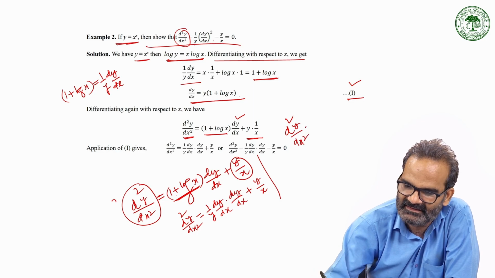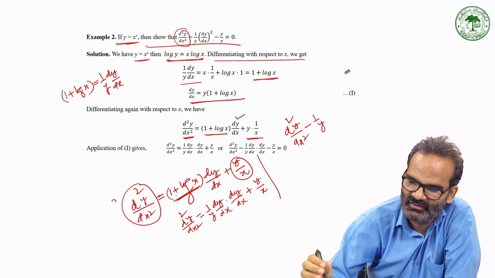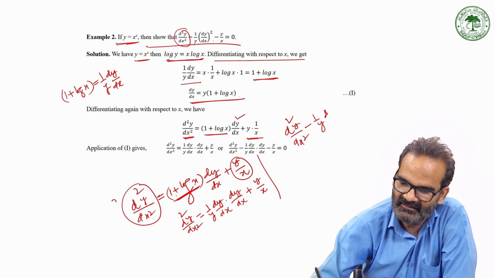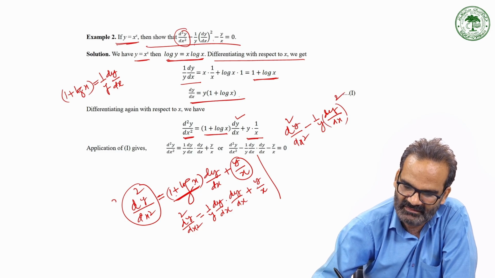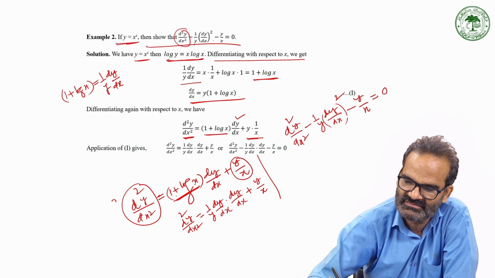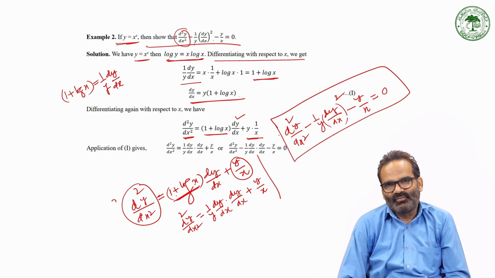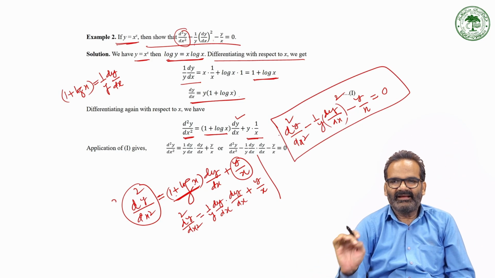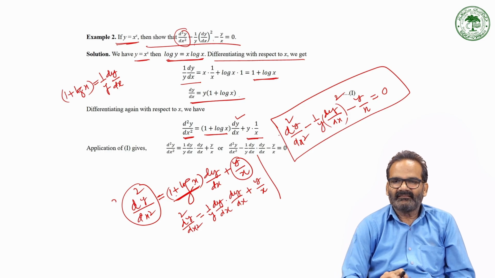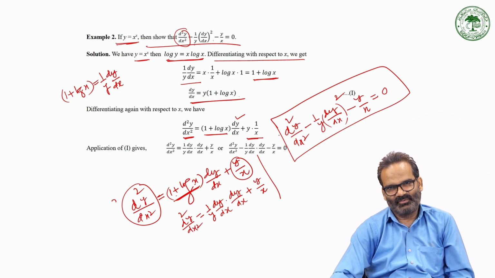Transfer this: minus 1 upon y, dy over dx into dy over dx, which gives you (dy over dx) power 2. Transfer this also: minus y upon x is equal to 0. And this is what we wanted to show, right? So this is all about our differentiation process.